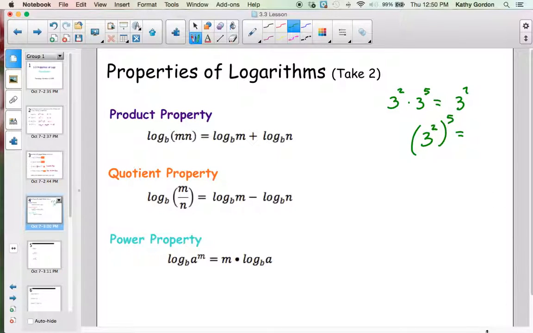So if I want the log of something raised to an exponent, I'm going to multiply that exponent to the log, so to speak. The fact that it's exponential here means I need to do multiplying. The fact that I'm dividing here means I need to do subtracting. The fact that I'm multiplying here means I need to do adding. And it ties back to what we do with exponents in the first place.